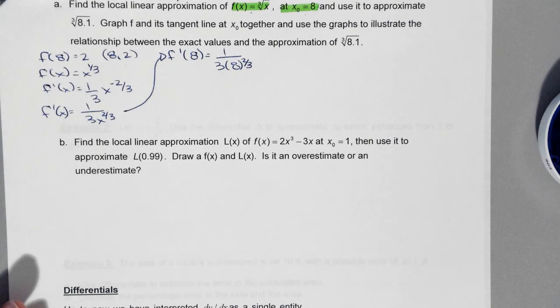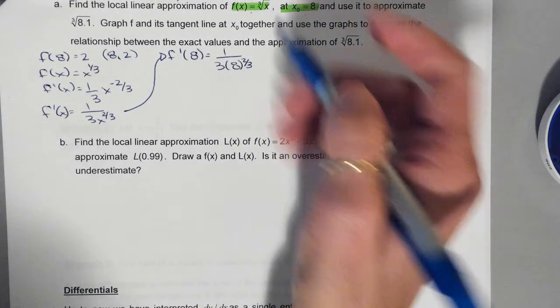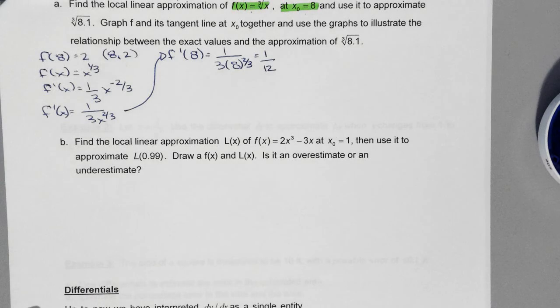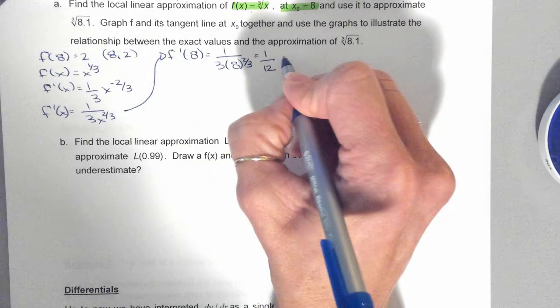Not what is the value, but what does it mean? Okay, what is the cube root of 8? Cube root of 8 is 2. 2 squared is 4, times 3 is 12. So what is 1/12? It's my slope.